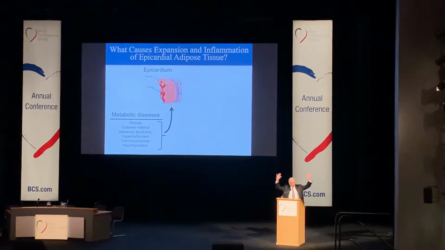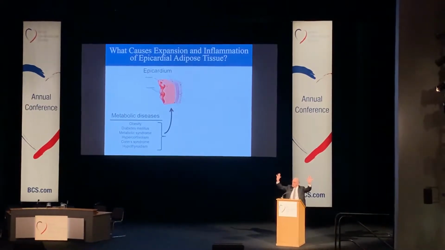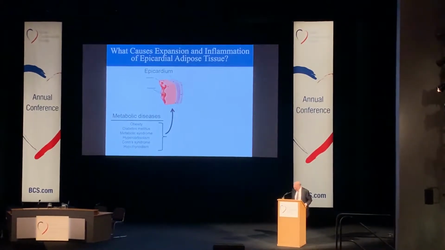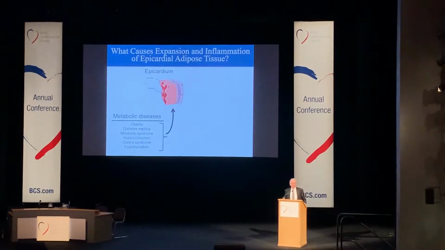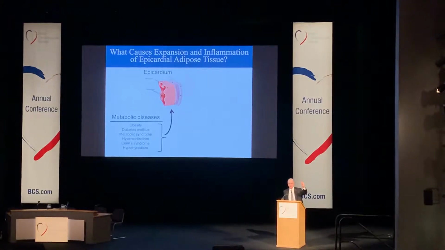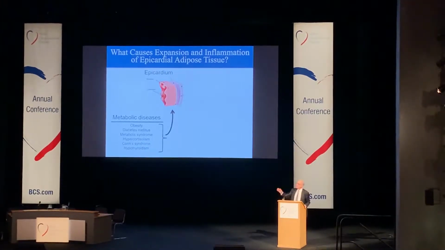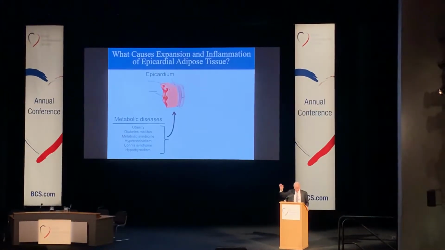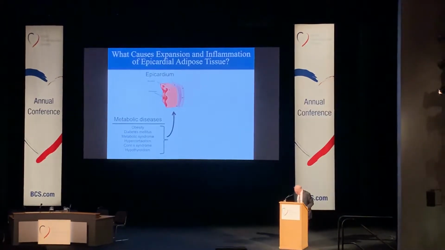Two main domains of disease states activate epicardial adipose tissue. The first are metabolic diseases: obesity, diabetes, metabolic syndrome, others as well.